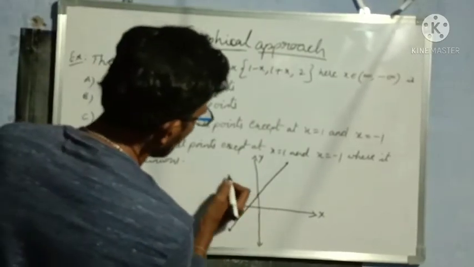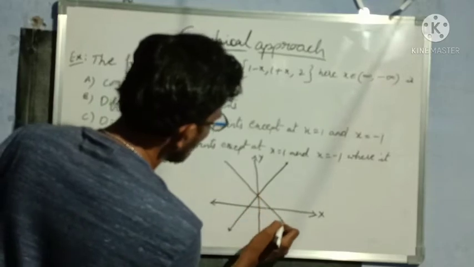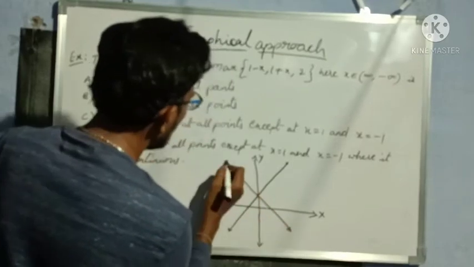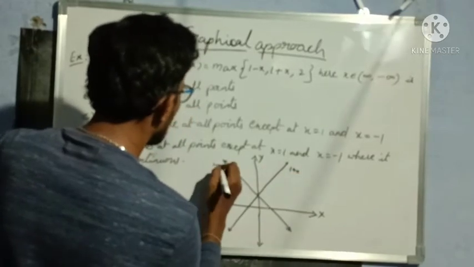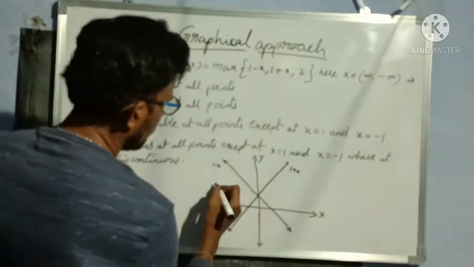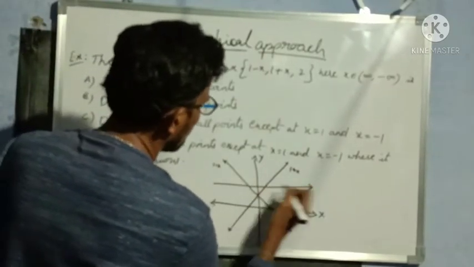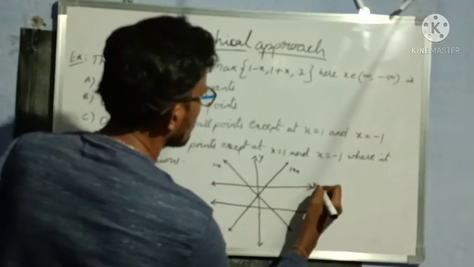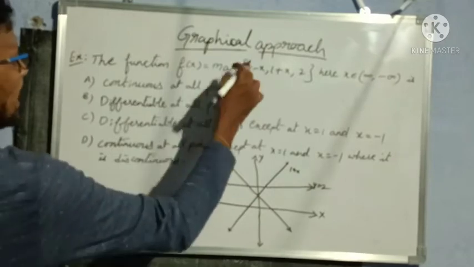Similarly, 1 minus x means this side onwards, left side onwards will get like this. Okay. So this line is 1 plus x and this line is 1 minus x, and y is equal to 2 means parallel to x axis. So this is 2 units parallel to x axis. This becomes y is equal to 2. Okay. So now we want maximum.